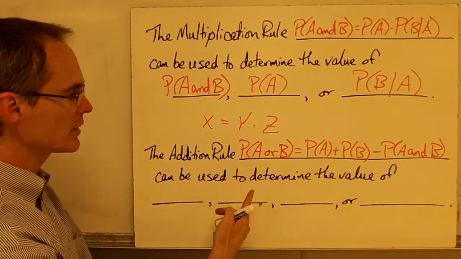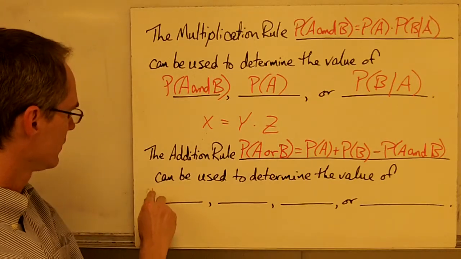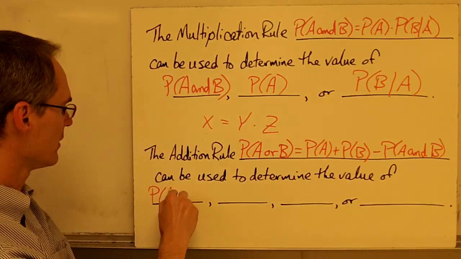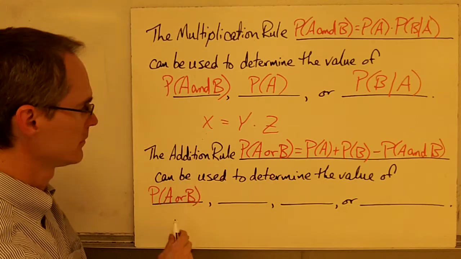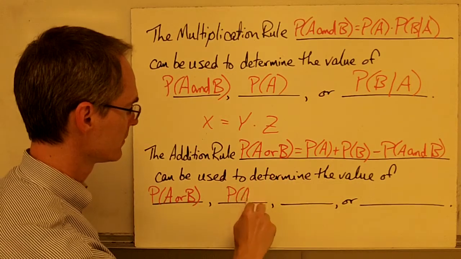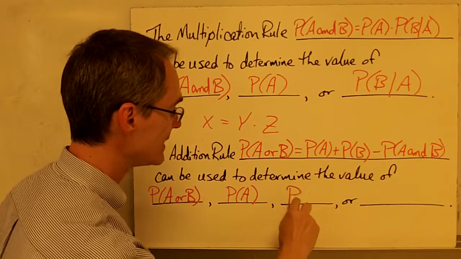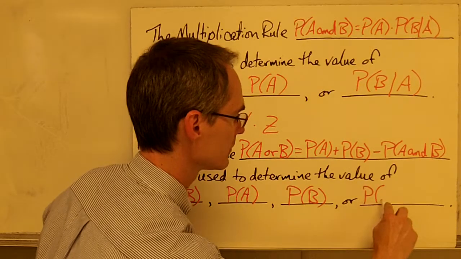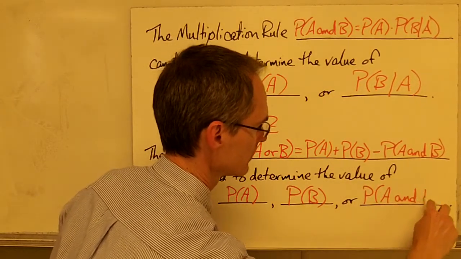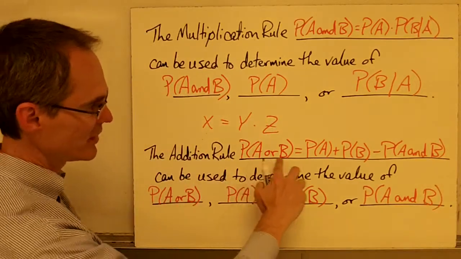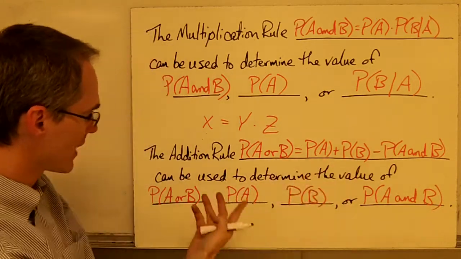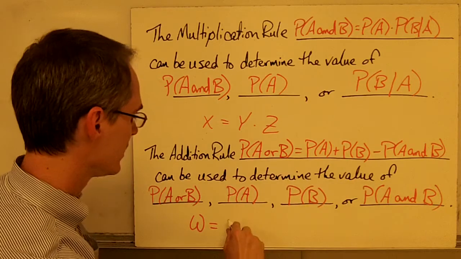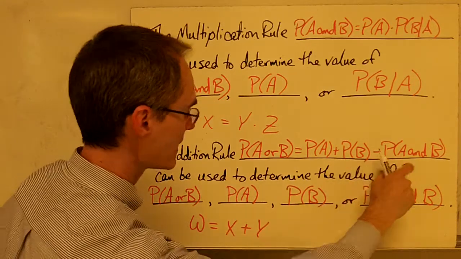Well, notice the addition rule can be used to determine the value of each of these four pieces of this formula: probability of A or B, the probability of A, the probability of B, or the probability of A and B. And again, this formula is really just another way of writing, for example, w equals x plus y minus z.